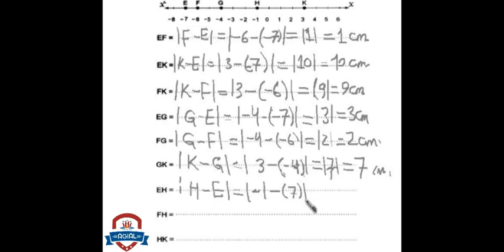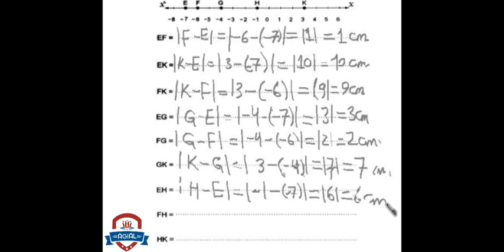The absolute value of -1 minus -7 equals the absolute value of -1 plus 7 equals the absolute value of 6. And the absolute value of 6 equals 6 centimeters.